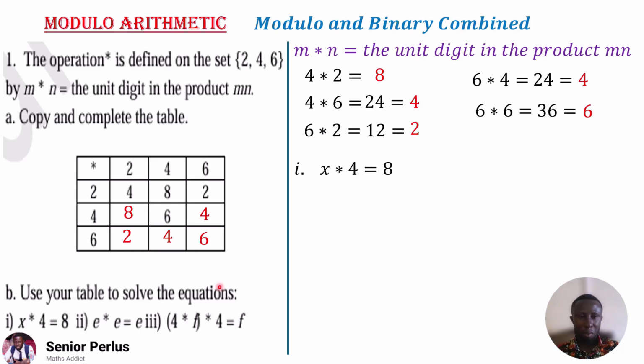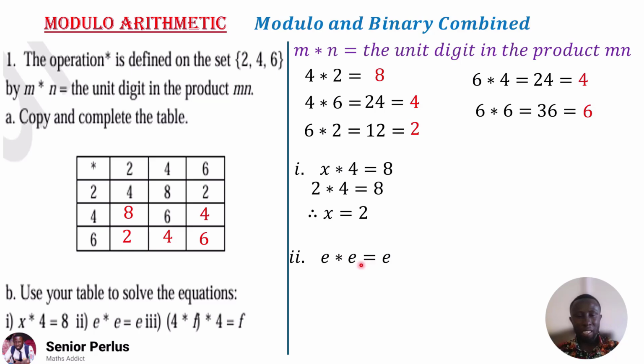Now, B. Use the table to solve the equation I. So from the table, S star 4 is 8. So you have to look for S. So a number star 4 will give us 8. So let's look for 4. We have 8 here. It means that 2 star 4 is 8. So our S is 8. II.